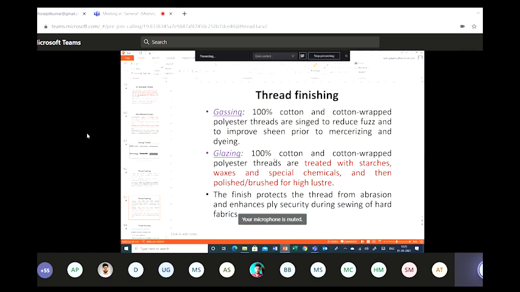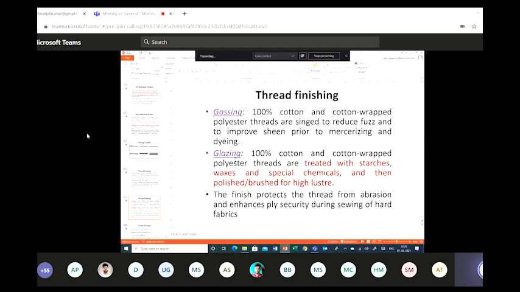So it's quite dangerous. These special chemicals, maybe abrading type materials, they may add. Finally, after applying this, they polish or brush it to get better luster. This is called glazing. So glazing is basically a starch treatment followed by brushing or polishing, and generally it gives very high luster.